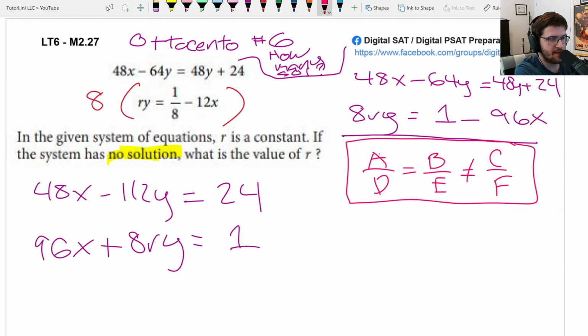That's just something you got to know. Okay, let's come over here. Let me highlight all these constants, to make it easier for you to see. Negative 112, 8r, and 24 over 1.